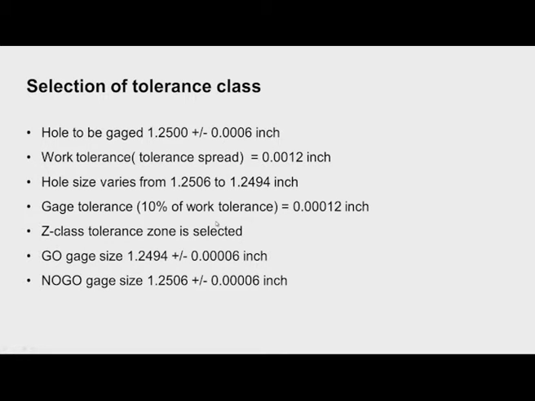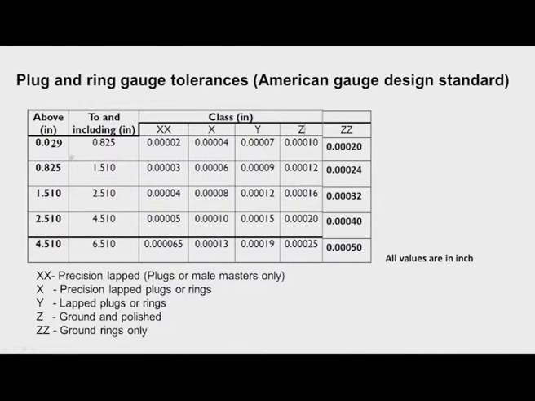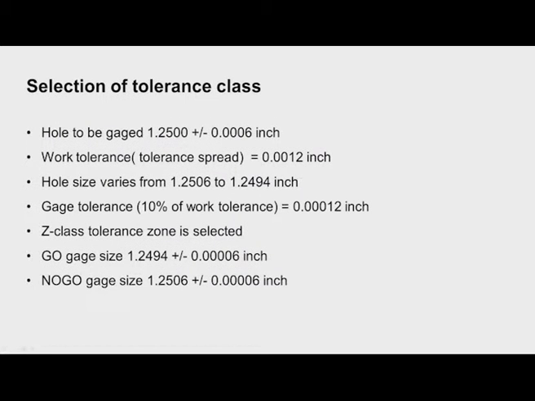From the table we can see that for this particular hole, the nominal size 1.25 falls in this range, and for this gauge tolerance the Z class tolerance zone is selected.